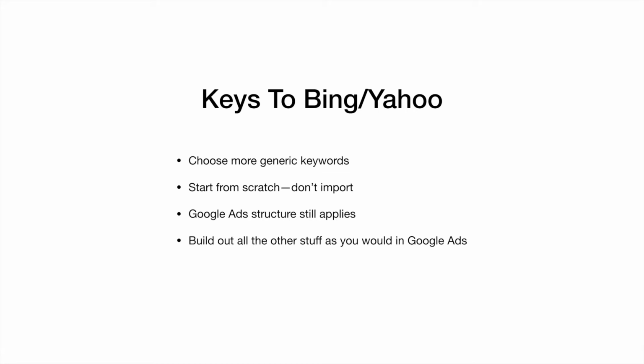And you got to get that quality score up as high as you can. Now, the quality score is calculated in a different way than with Google Ads, but you still are going to do the same thing. So I'm not really even going to go into how it's calculated. But just like with Google Ads, if you have relevant ads and you have a good landing page experience, all the same stuff applies.